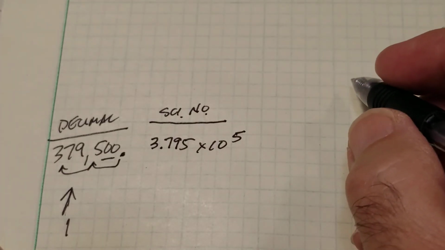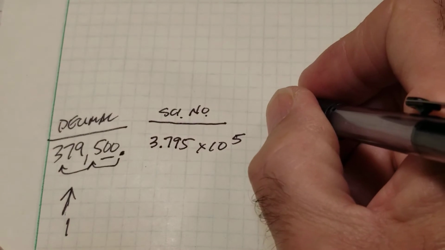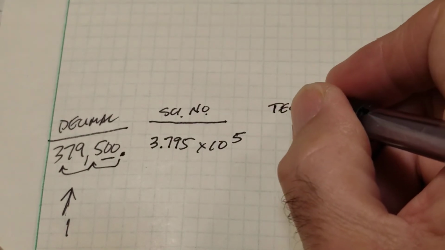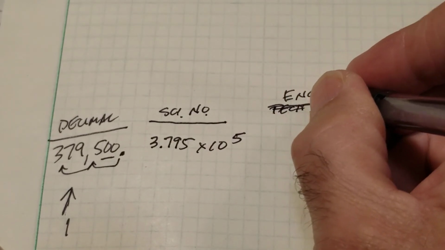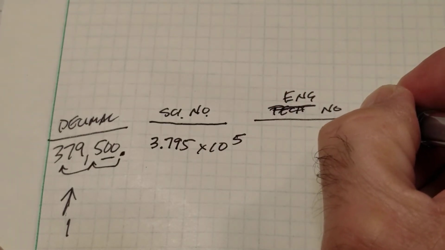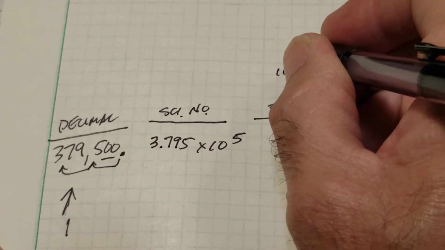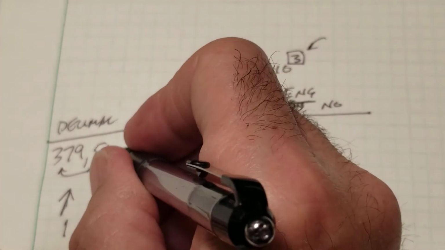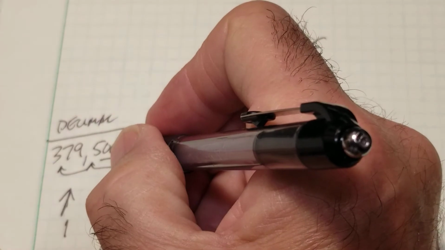Now let's take this same idea and go to engineering notation. And remember, in engineering notation the power of 10 is raised to some multiple of 3. So this exponent is going to be a multiple of 3. So I'm moving this decimal point from the original decimal format in units of 3.